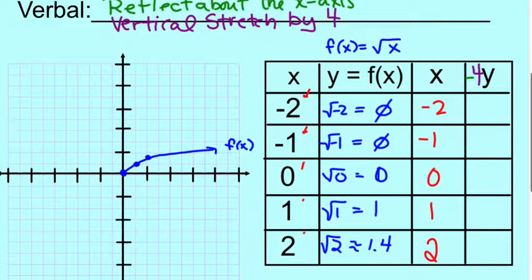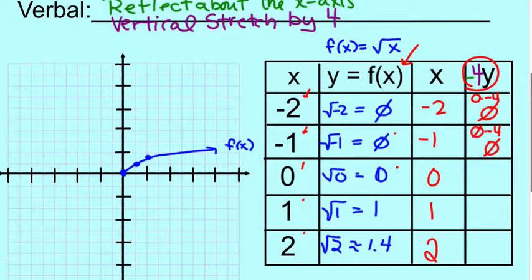Now let's go ahead and multiply all of this column by negative 4 for the y values. So we're taking this column. 0 times negative 4 doesn't exist. And then going to the second column, doesn't exist times negative 4, it still doesn't exist.